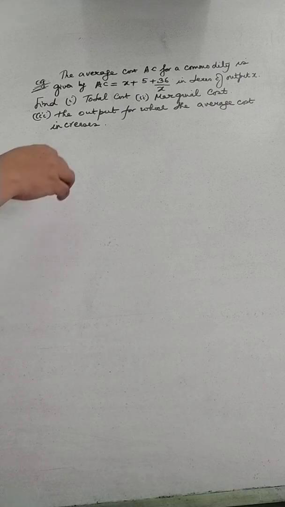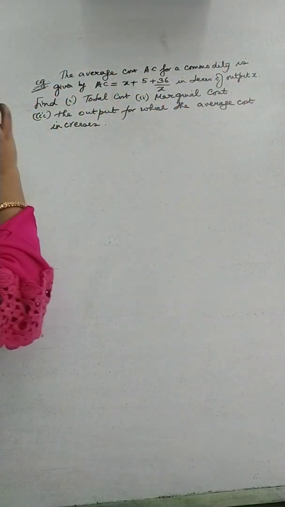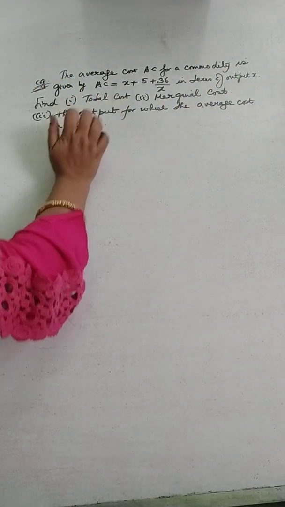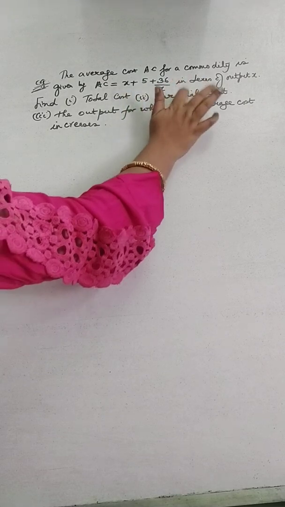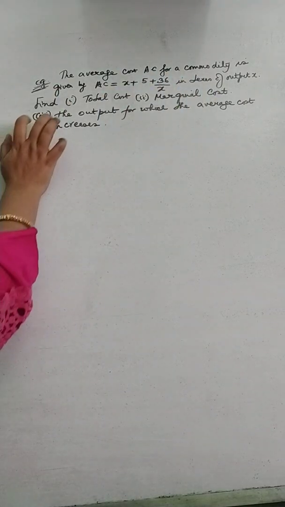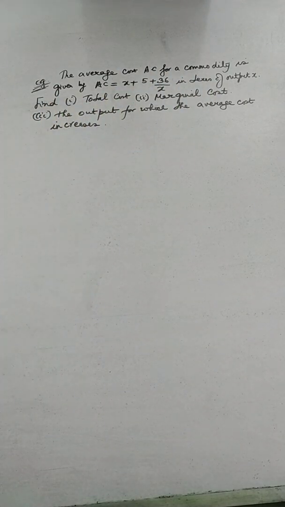Find subpart 1, the total cost; subpart 2, the marginal cost; subpart 3, the output. Output means the number of units you are manufacturing and selling. That means you have to find the value of x. The output for which the average cost increases.